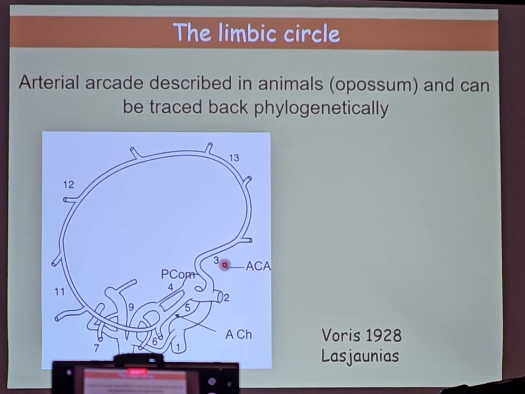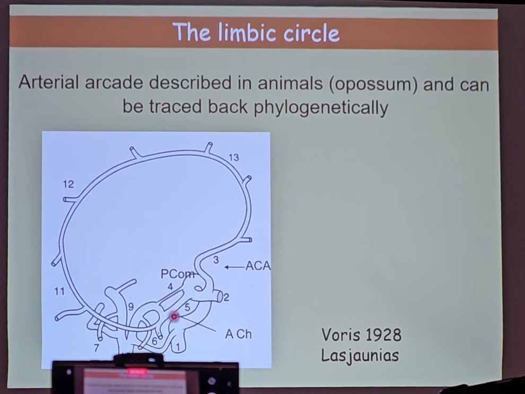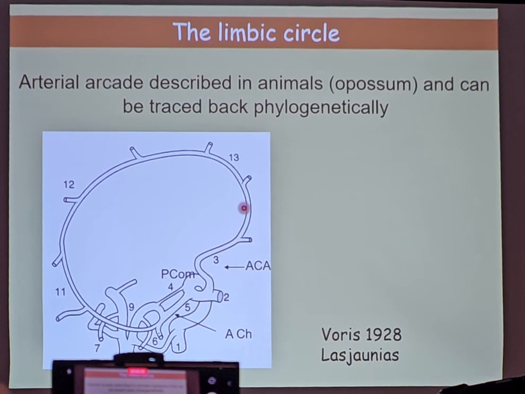And this is not new; it is well known in some of the animal kingdom. It is also published that you have the same in the opossum, where you have this arterial arcade between the anterochoroidal and the anterocerebral arteries, forming a ring around the vesicle.